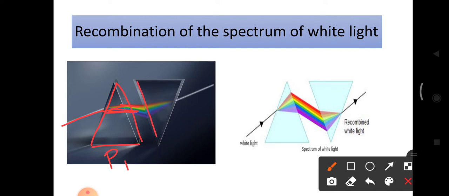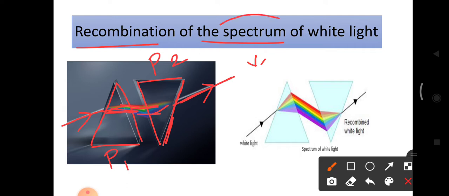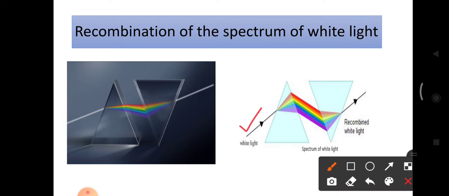And when I kept one more prism upside down to the first prism, the 7 colors combined and finally gave white light. This is called recombination of the spectrum. The 7 colors are called the spectrum. When we combine the spectrum, it gives white light. See here, the white light enters and is dispersed into 7 colors. The 7 colors again enter the second prism and come out as white light.